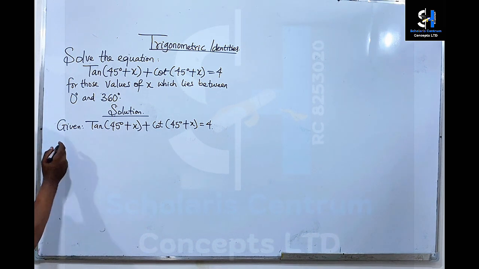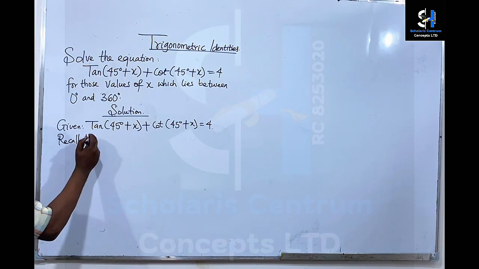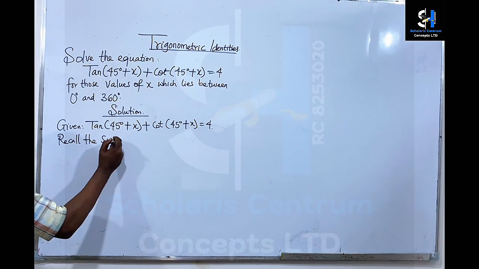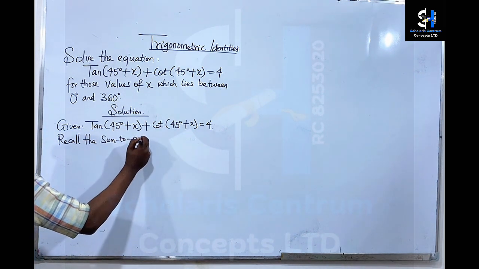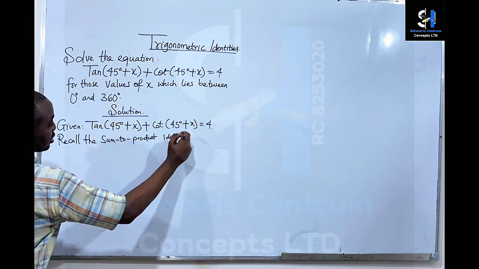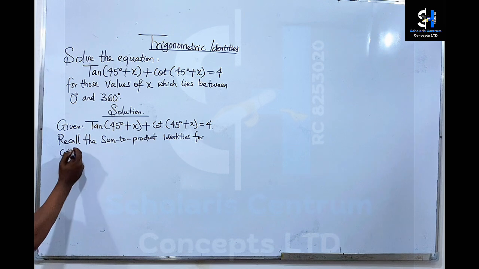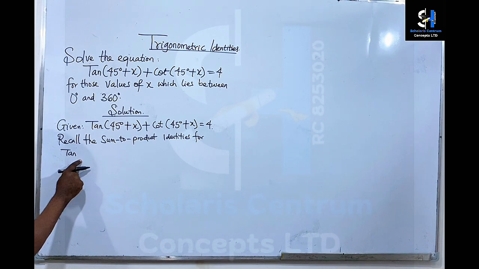Like I said, let's recall the sum to product identities for cot and for tangent.